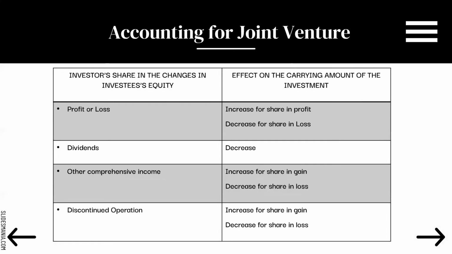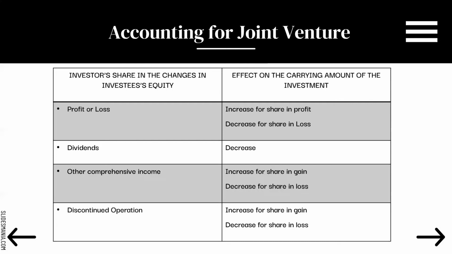Now, if there is profit or loss, the share in profit will increase the carrying amount of the investment in joint venture, but the share in the loss will of course decrease the carrying amount of the investment in joint venture. If there are dividends naman, the dividends will decrease the amount of investment in joint venture.